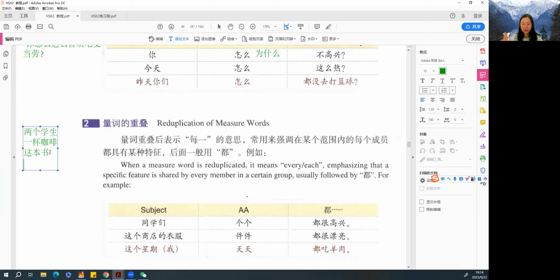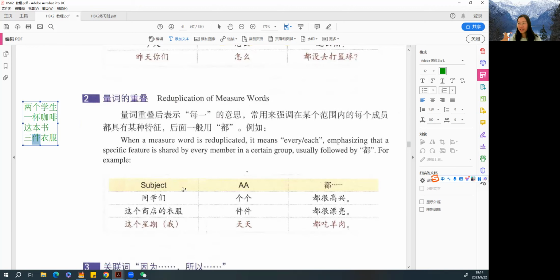And also for the clothes, 1 t-shirt, 2 jackets, we use 件, 3件衣服. We use 件 as a measure word. So now let's take a look if they duplicate with double measure word together.